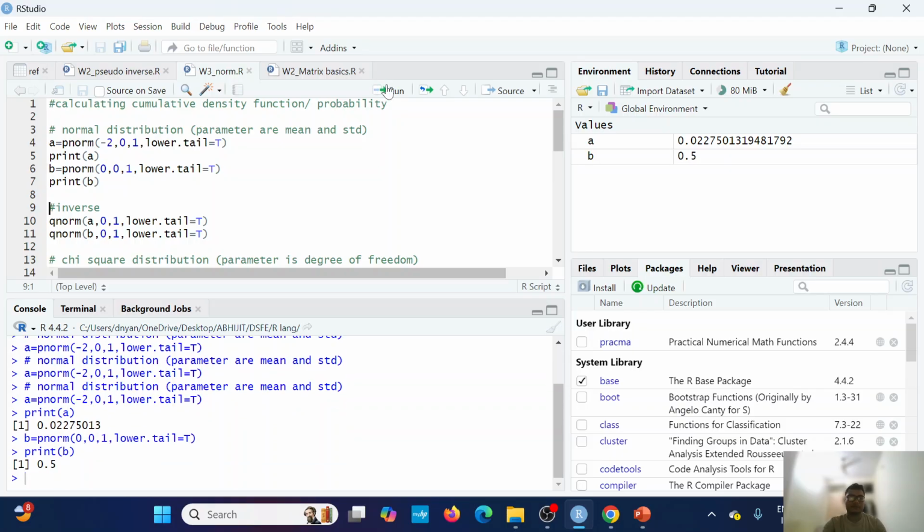For zero value, you are getting 0.5. In the standard normal distribution you have mean 0 and standard deviation 1.